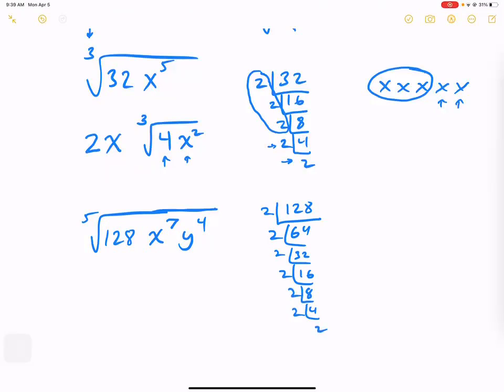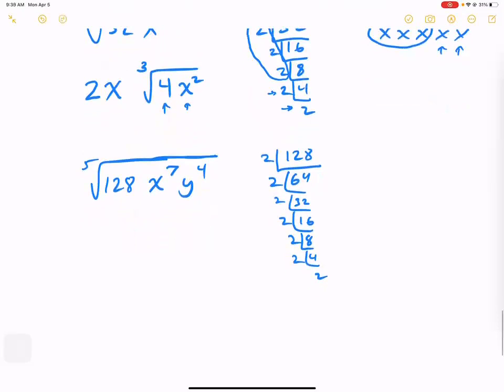I'm not going to box the last one because I can't divide 2 except by itself. So we can't break down 2 anymore. I'm looking for 5. 1, 2, 3, 4, 5. So I circle it so it's obvious I've used them up. You get kicked out. How many do we have left over? We still have 2 times 2 left, that's 4.